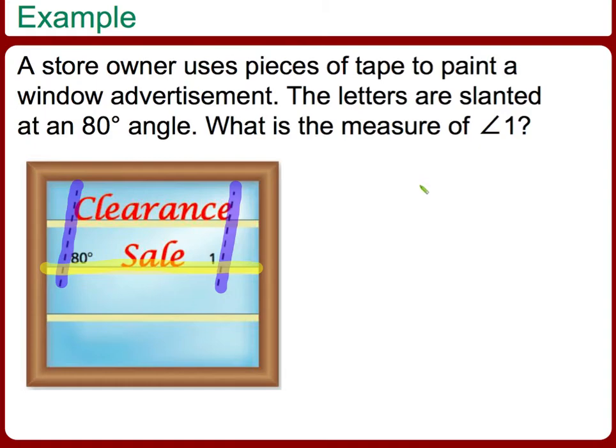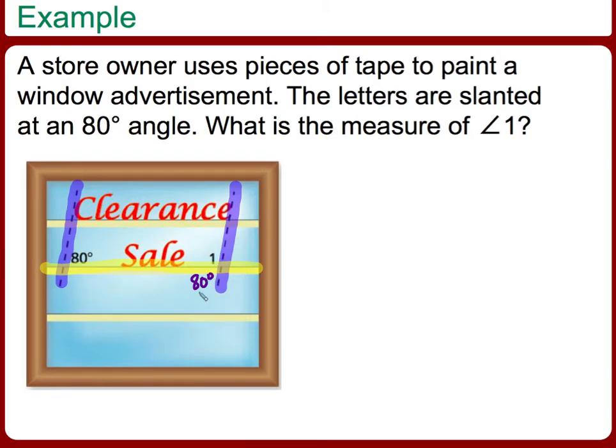And we want to know what the angle of measure 1 is. So we could use our knowledge of alternate interior angles for this one, because 80 degrees is going to be congruent to this angle right here, which is the alternate interior angle on the inside of the parallel line. So we know that this is 80 degrees right here.